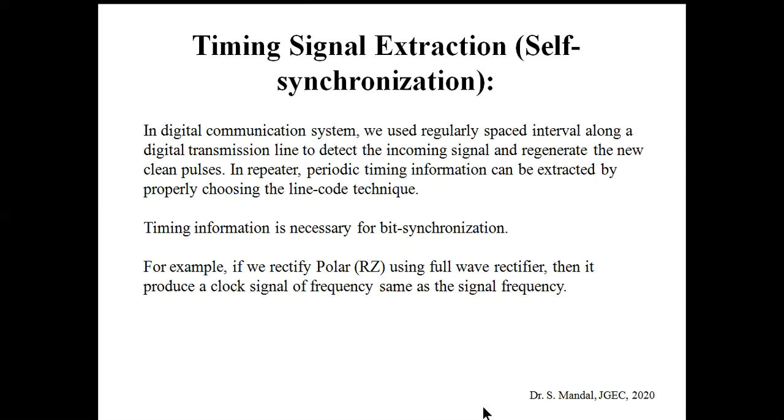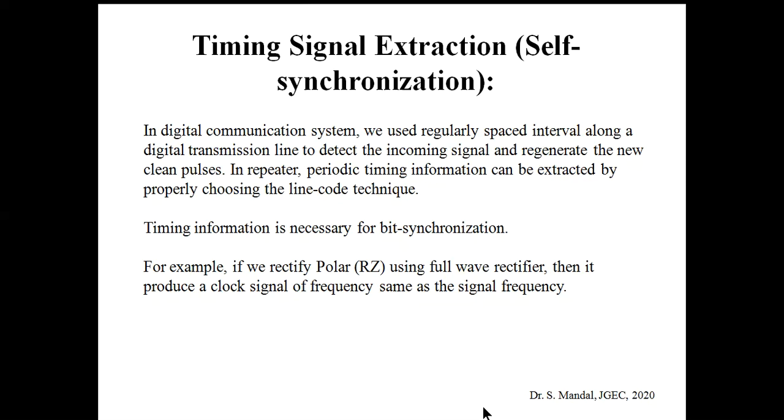In the earlier classes, we have already discussed different line coding techniques like on-off coding, polar, bipolar, polar RZ, polar NRZ, Manchester, differential, etc. All these line coding techniques are basically used for efficient transmission of digital signals through the communication channel, and each line coding technique has its own advantages and disadvantages also.